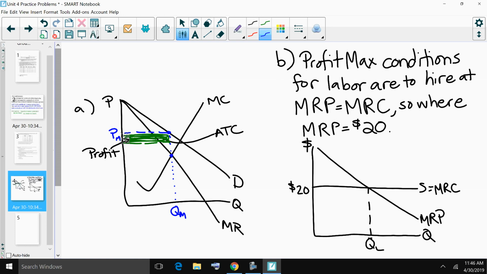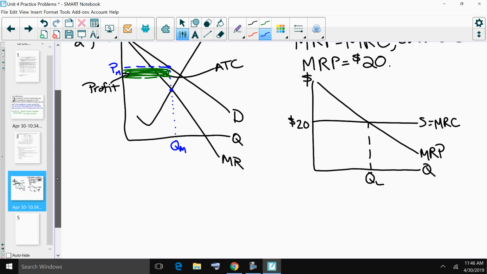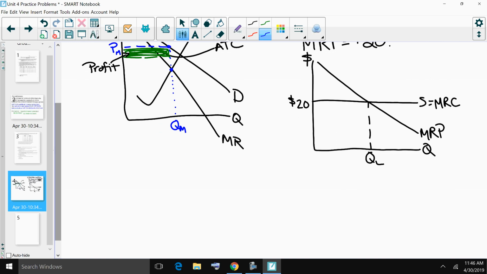All right. Now for part C. I'm going to scroll this down a little bit so I have some room. Part C is asking us to think about, what if wage rates fall to $15 per hour? Show on your diagram how each of these would be affected. Supply of labor and the quantity of labor.